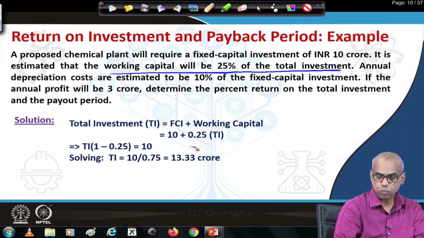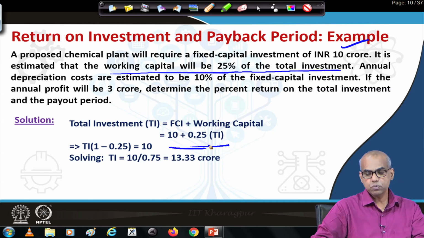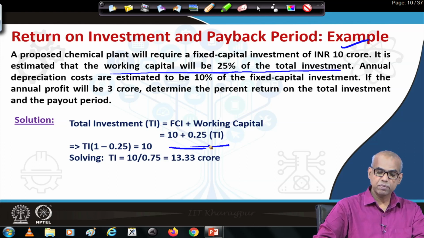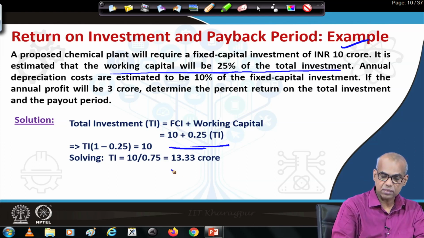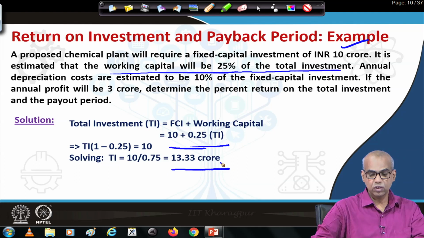So, working capital is 0.25 into TI and fixed capital investment is given as 10 crore. So, 10 plus 0.25 of TI is total investment TI. So, from here you can solve for total investment, which will come as 13.33 crore.